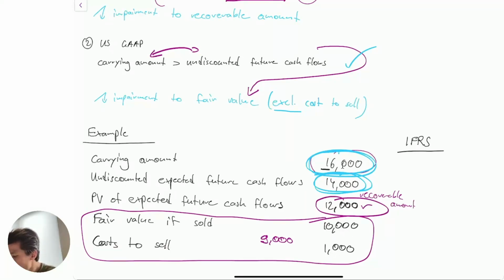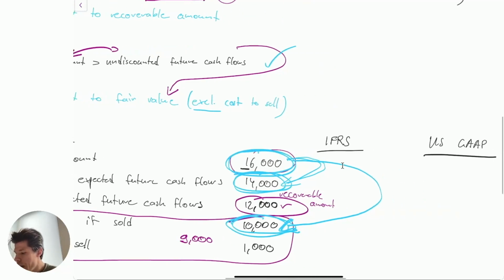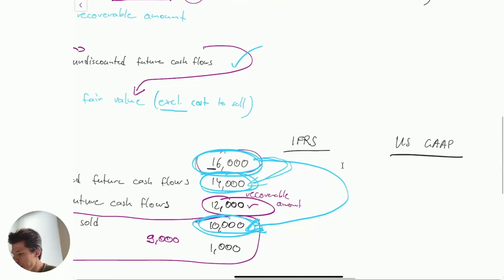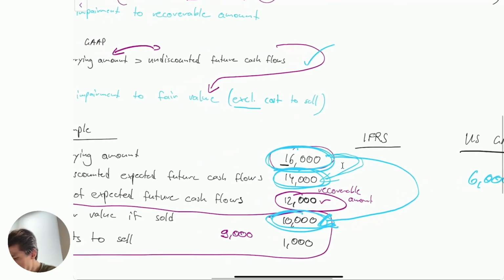However, you don't write down to this amount, you write down to a completely different amount, which is your fair value if sold. You write down to this amount. And to this amount only, you don't include cost to sell. So the impairment loss under US GAAP would be 6K, and under IFRS, what did we have? 16, 12, 4K.